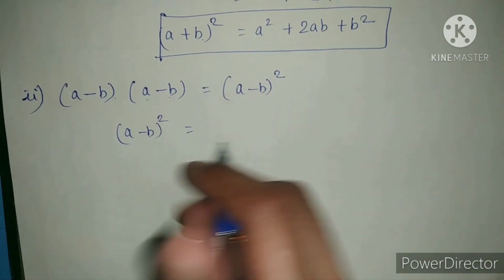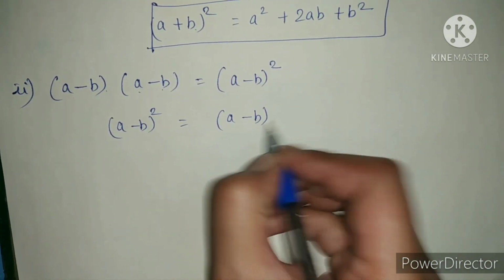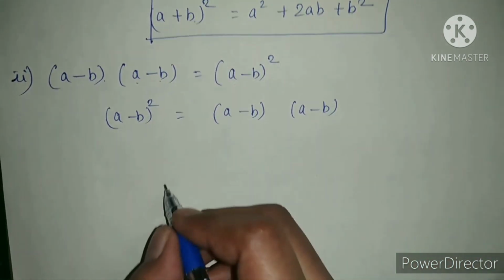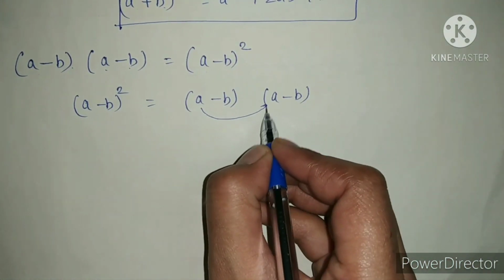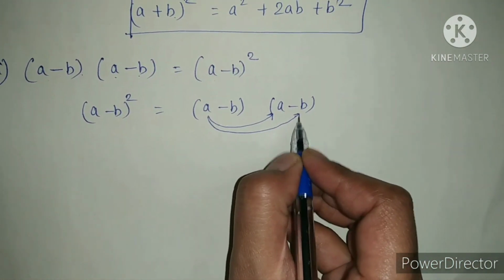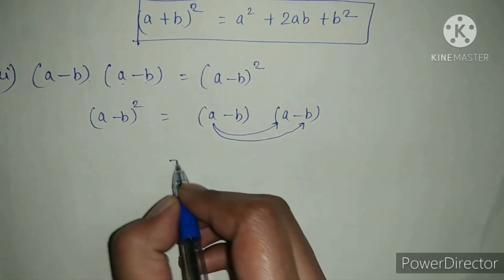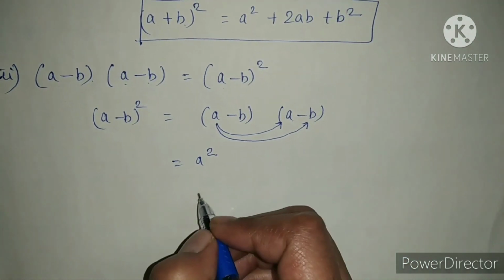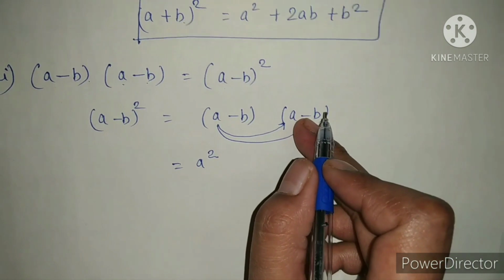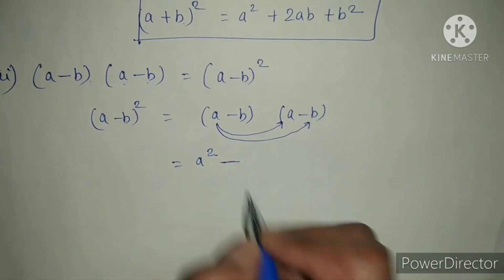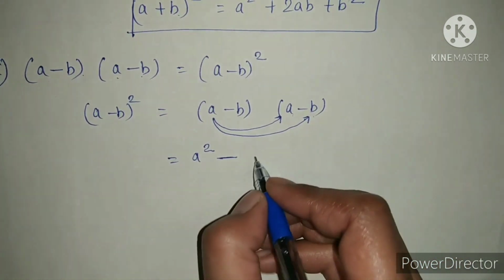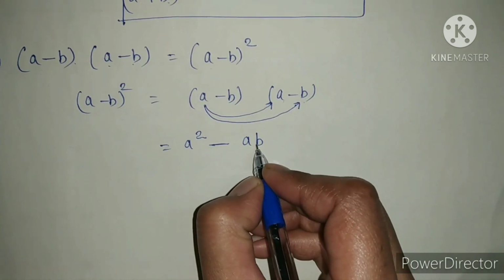It means it will come 2 times. Firstly a will go near to a, then it will go near to b. So a into a is a square. Now you can see the minus symbol is here, so minus will come here. a into b is ab.